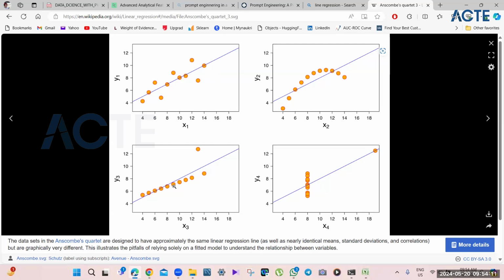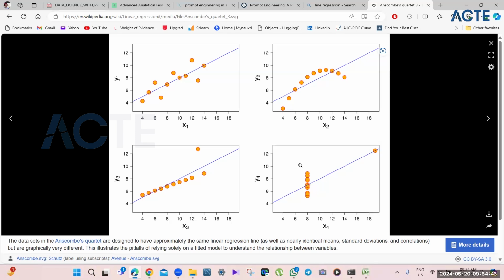But look at this one. This is highly correlated, X3 and Y3. There is certainly one outlier, and we know how to detect and remove outliers. Other than that, all the data points are heavily correlated. So if I know one value of X3, I can easily tell what the value of Y3 will be and put that onto the graph.